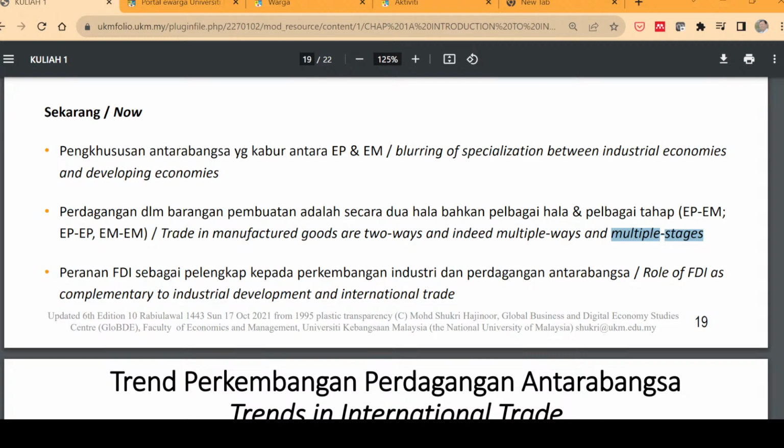Some components come from Japan, some from Korea, from America, mixed together with the partially finished parts from Vietnam, come to Malaysia and finished in Malaysia for microchips only, and then sent to Japan or Korea, sent to China, back again to go into the computer PC or computer notebook. So multiple stages.